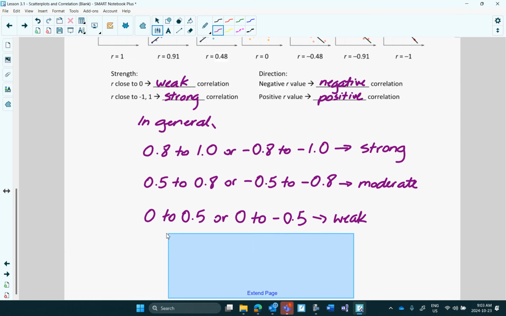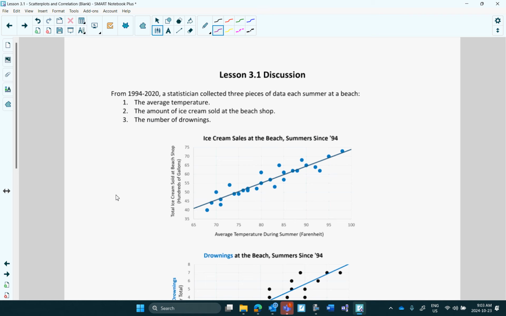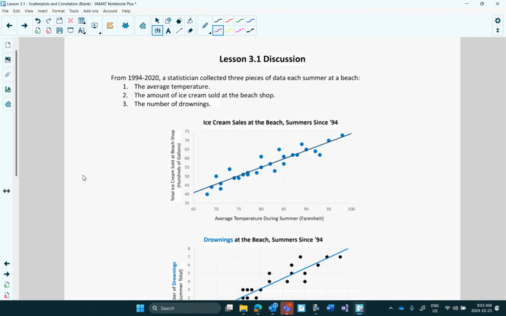I do want to talk about, I'm not going to write anything down, but here's an interesting example. From 1994 to 2020, the statistician collected 3 pieces of data: the average temperature during the summer days, the amount of ice cream sold at the beach shop, and the number of drownings.